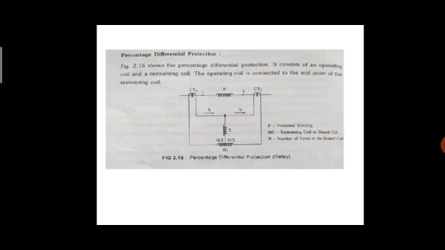Two CTs, CT1 and CT2, are connected at the two ends, between the restraining coil R and the operating coil OC. The flow of current on the primary side is called I1, and on the secondary side I2. N is the number of turns in the biased coil, and P is the protected winding.